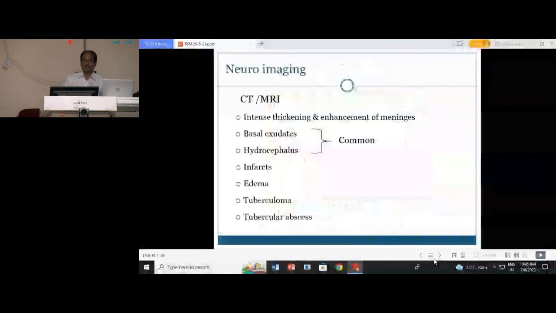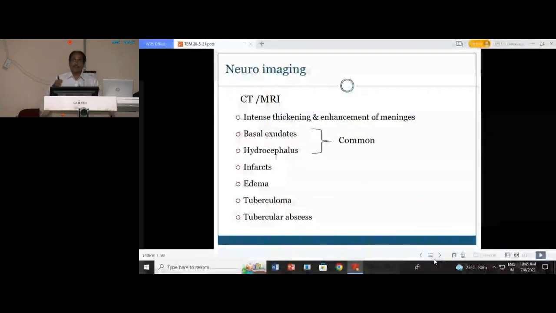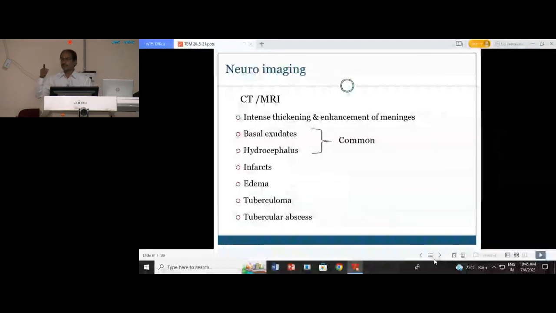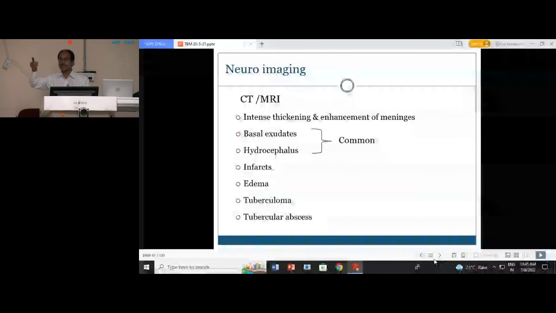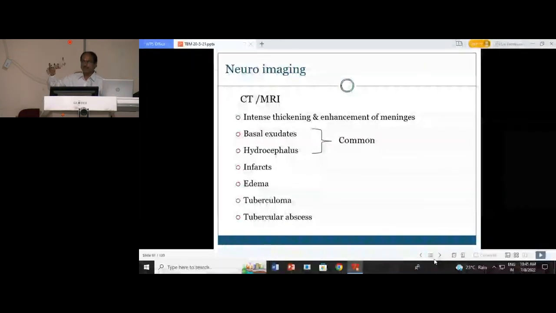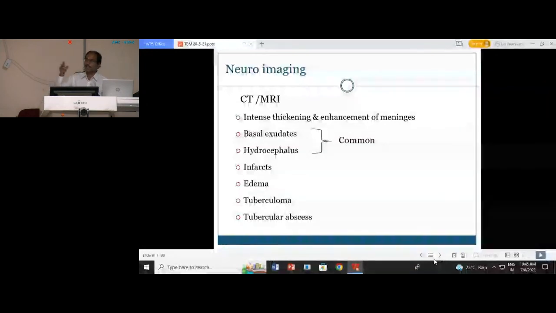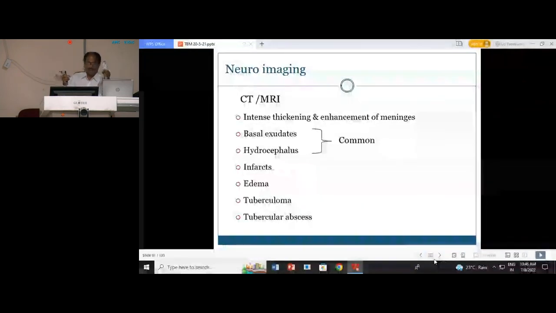So neuroimaging. After having LP and CSF analysis, neuroimaging, very important, is CT and MRI. Sometimes CT gives important clues, as we discussed in the beginning: pre-contrast basal enhancement, intense thickening and enhancement of meninges. Once the thickening of meninges is there, there is contrast enhancement of meninges, basal exudates in the prepontine and aqueductal cisterns.